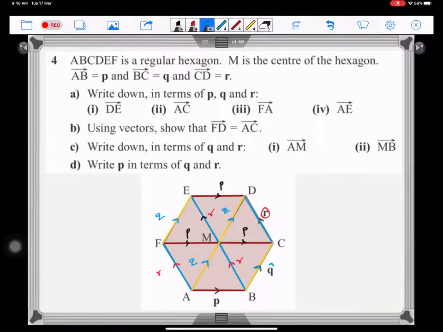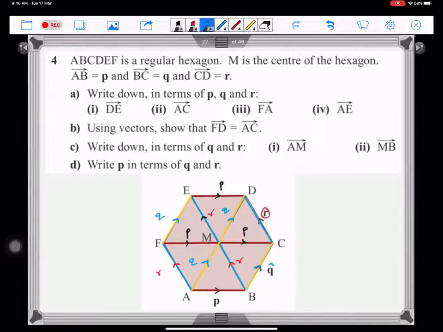FA is minus R. What about AE? How will you go from A till E? A till F, F till E, that is AE. Listen to it again. A till F, F till E, that is AE.